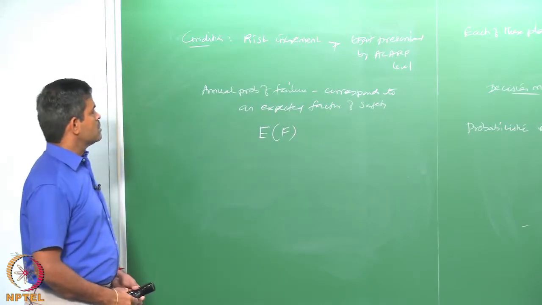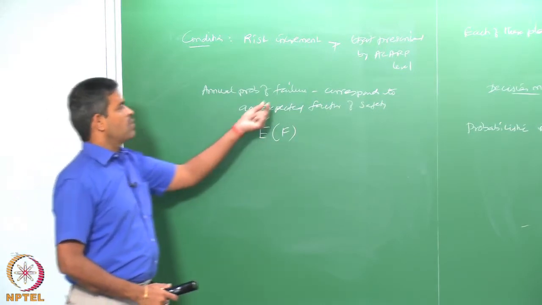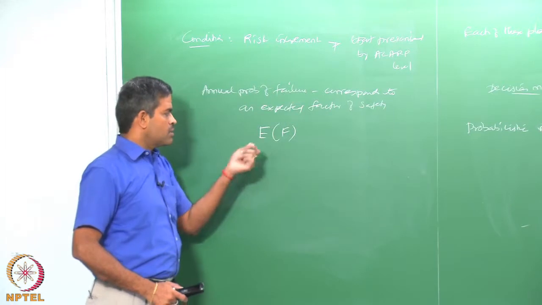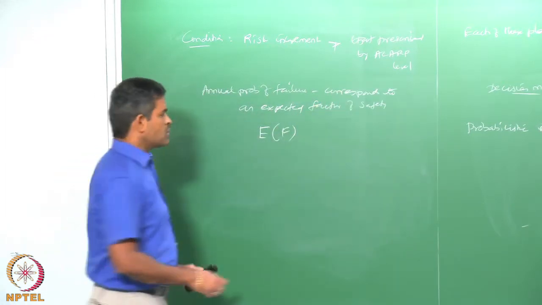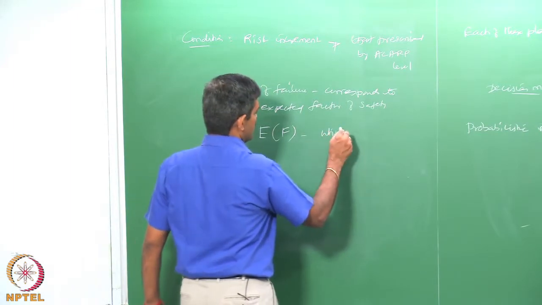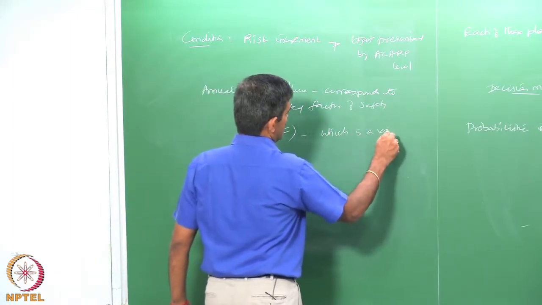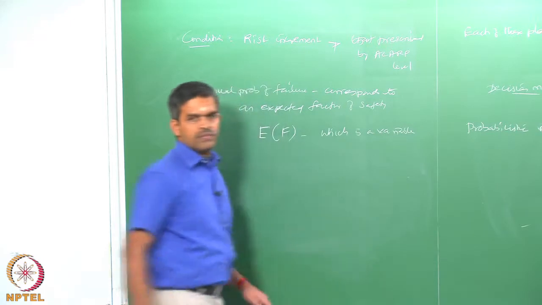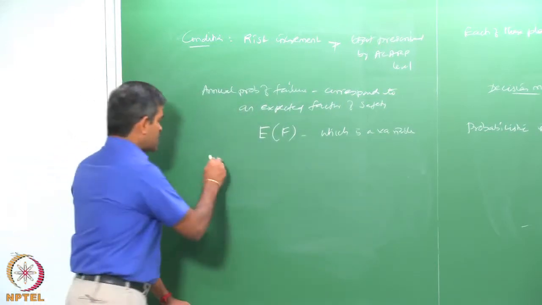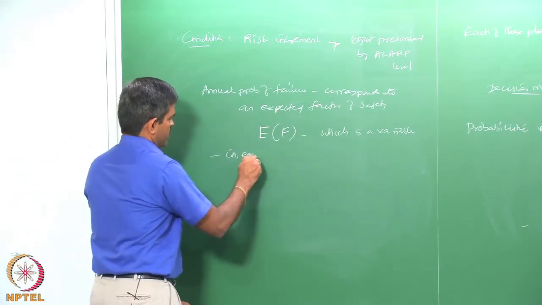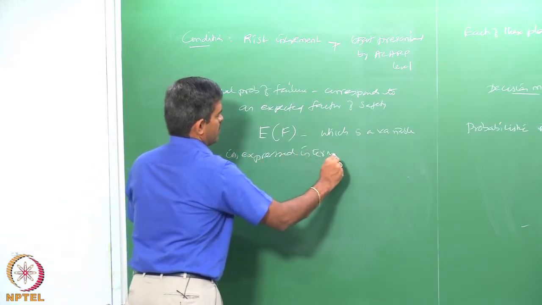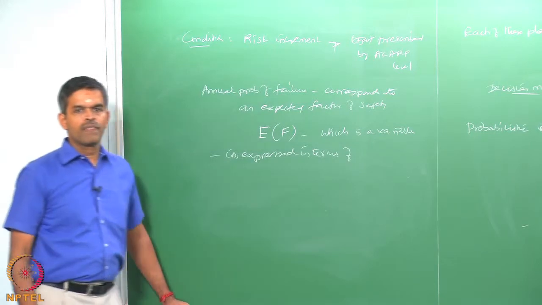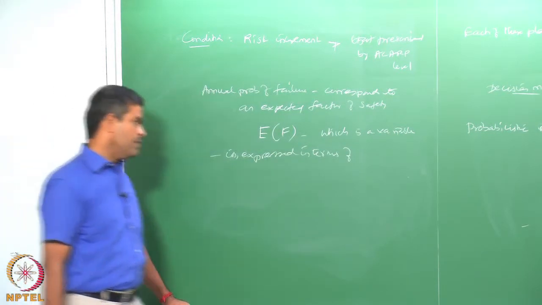Of course, the annual probability of failure will correspond to this, because this is prefixed as per the alarm level, which is of course a variable now. And this will be expressed in terms of the standard deviation of the factor of safety.